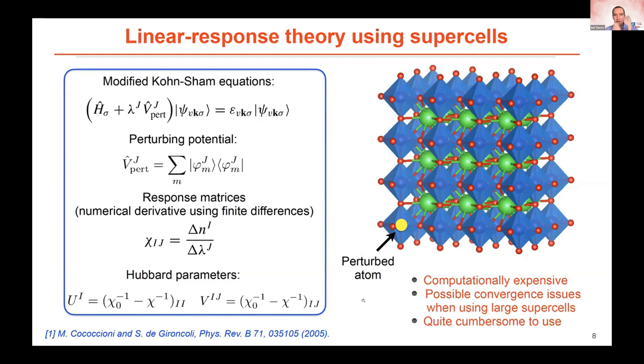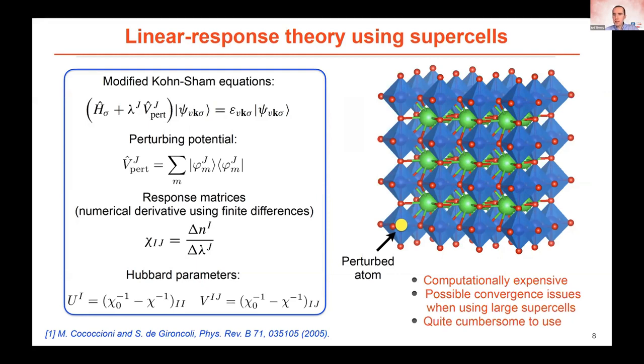However, this approach is very successful. If you look at the number of citations of this paper, I think it's more than 2,000. It's a really widespread approach. It's a pretty simple idea, and it works in many cases. However, there are a number of challenges here. First, this method is computationally expensive because we need to use supercells.